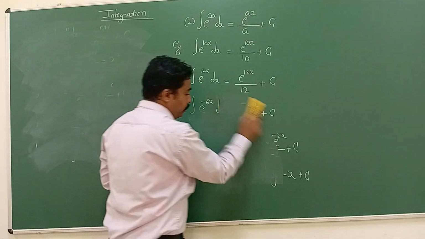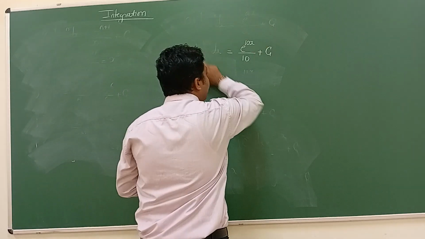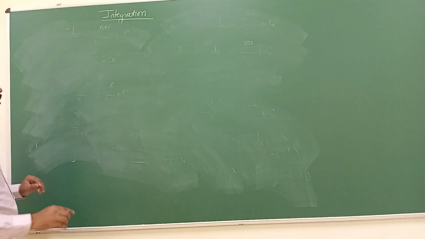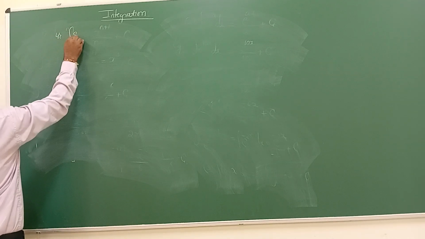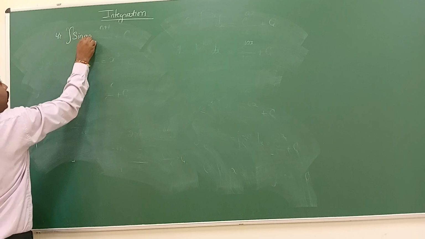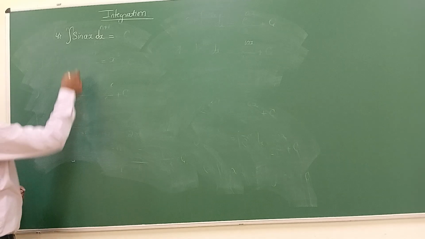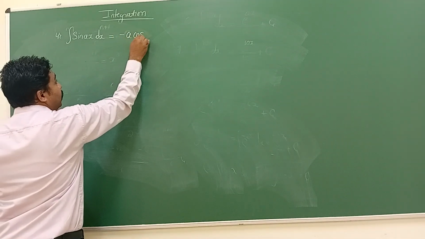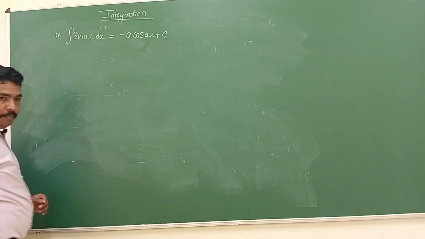As I said, here we are mainly concentrating on the first basic trigonometric functions sin, cos, tan. If we remember that, the remaining terms are easy. So if I take the integral of sin ax, what happens? Integration of sin ax is minus 1 by a times cos ax plus the integral constant c.